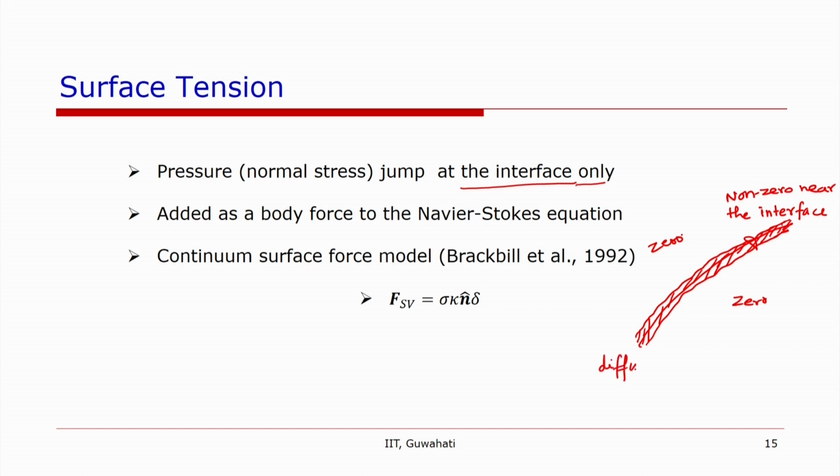So, the surface tension force is also diffused over the area, or it is distributed over the area in which the color function is between 0 and 1. This surface tension force is implemented only at the interface.